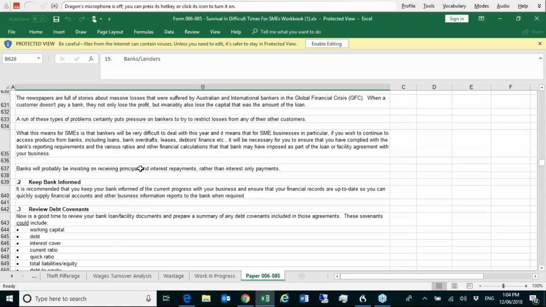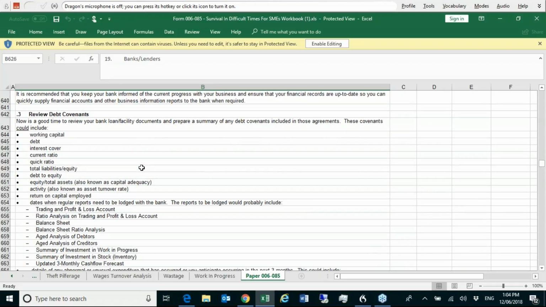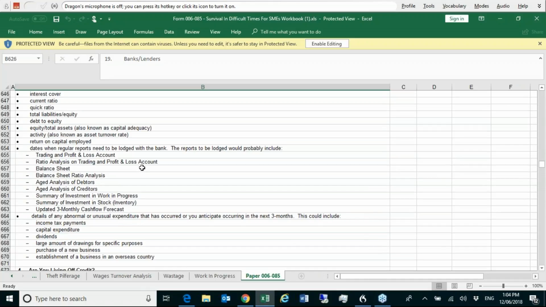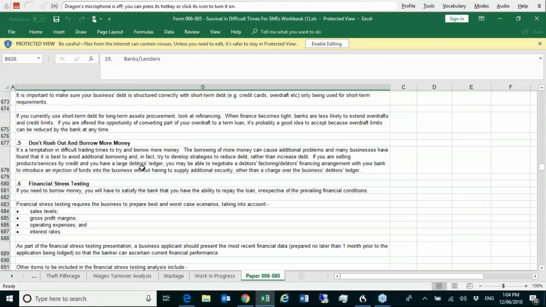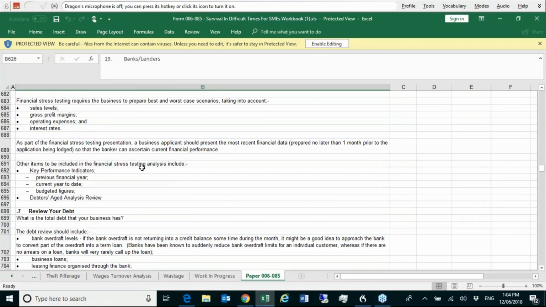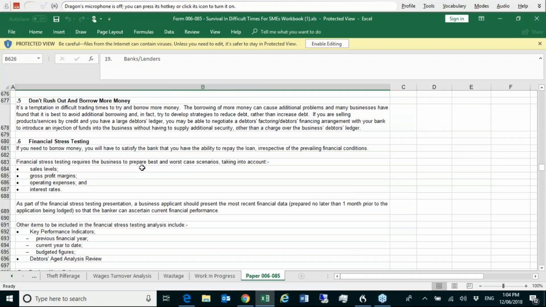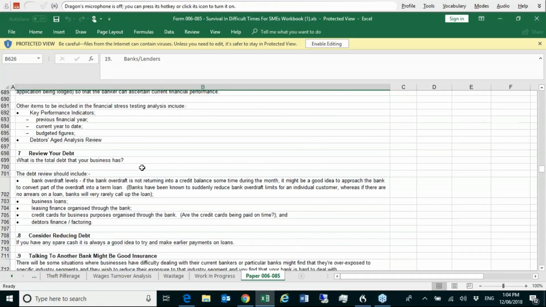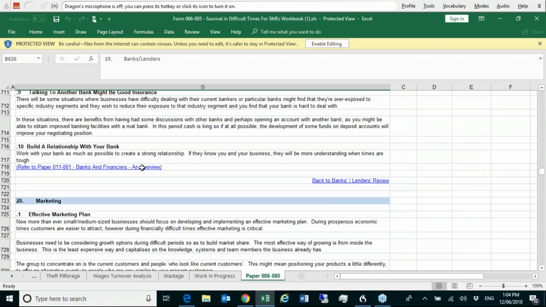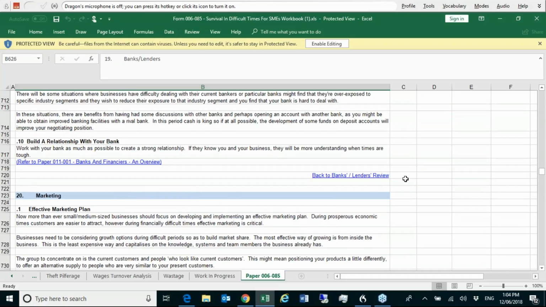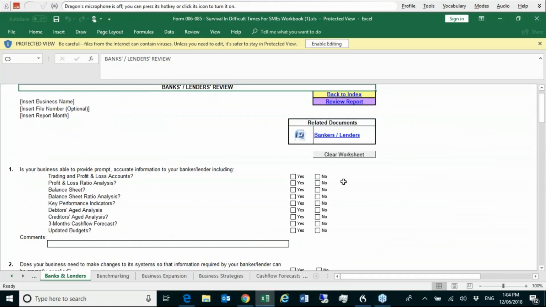So you could read that or suggest your client reads that. It does give some further information, in this case, on what banks might be looking for. We're talking about financial stress testing, debt review. And when you finish that, we're able to go back to where we were.